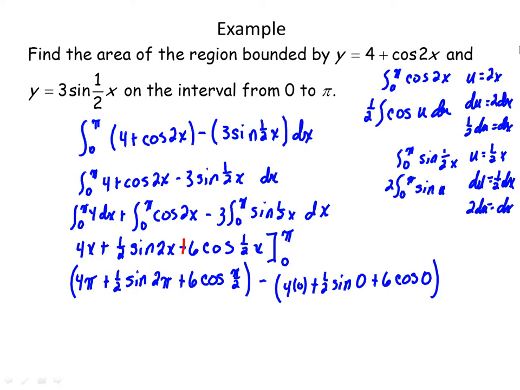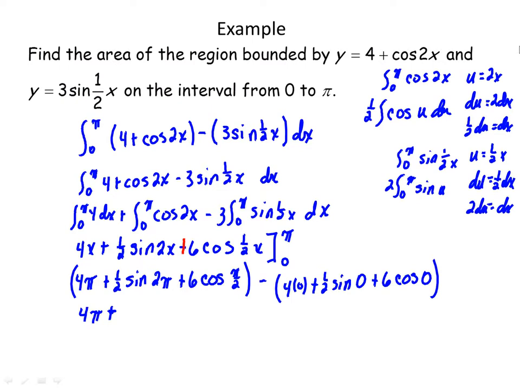Again, in your calculators, make sure they're in radian measure. 4 pi is just going to be 4 pi for now, okay? But this is what I want you to do. I want you to type in your calculator sine of 2 pi, making sure it's in radian. What is the sine of 2 pi?